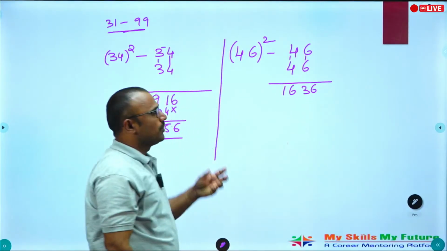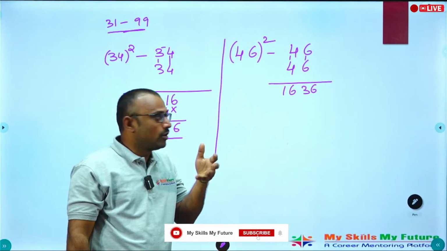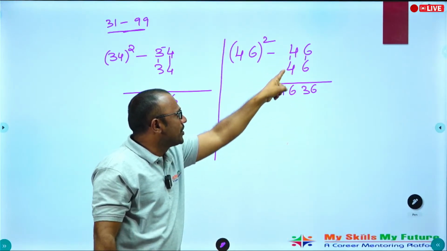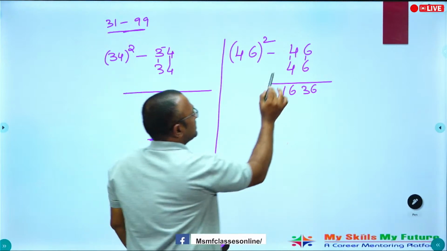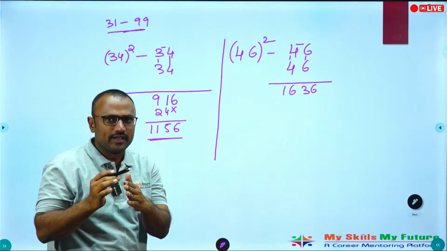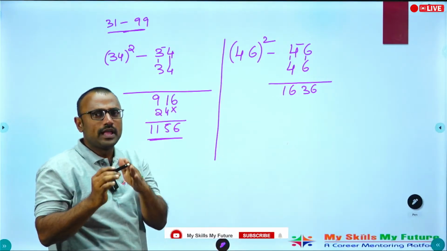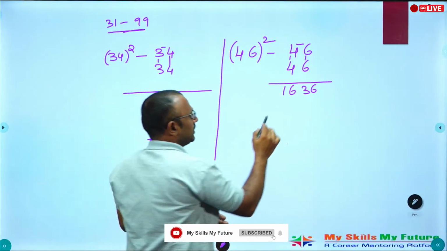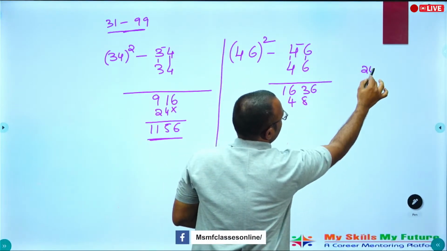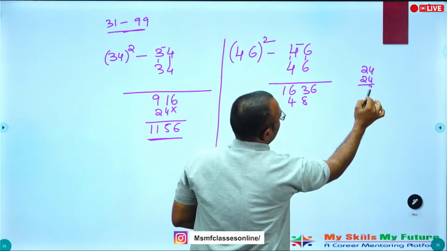I hope you are getting how I am writing here. Next, product horizontally: 6 fours are 24, 24 plus 24 is 48.